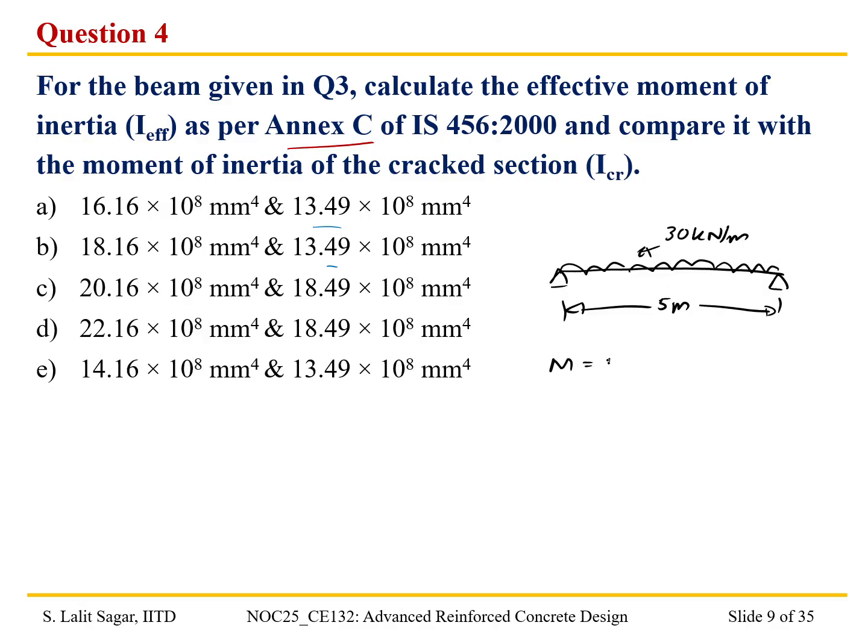That is WL square by 8, so 30 into 5 square divided by 8. That turns out to be 93.75 kilonewton meter. So that is the moment.